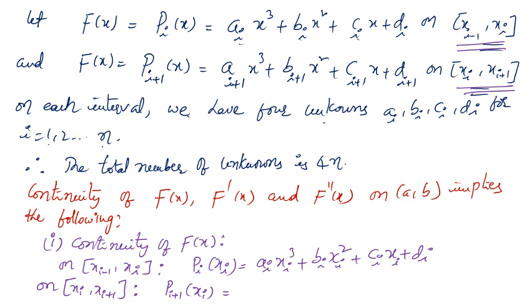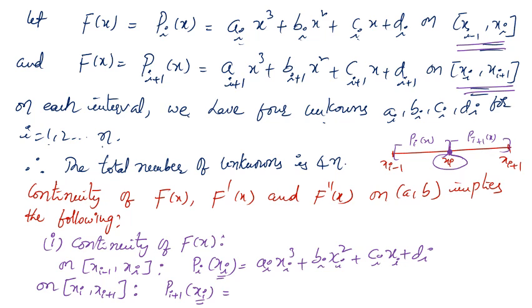I will explain the concept here. This is xi minus 1, this is xi and this is xi plus 1, right? This is the first interval, and the next interval is again this one. So what is the common point for these two subintervals? xi. That is why we consider the continuity condition at xi for the polynomial pi of x here and the polynomial pi plus 1 of x here.